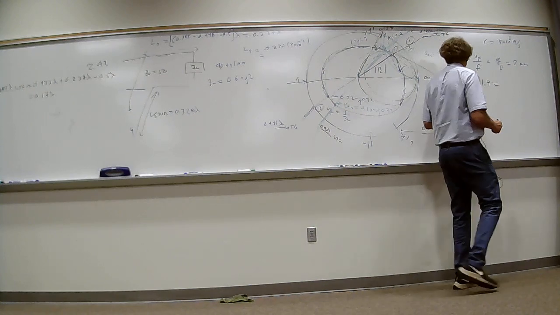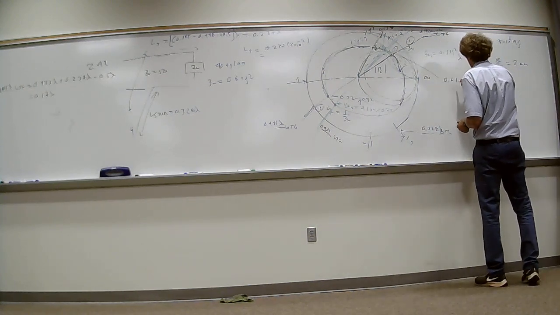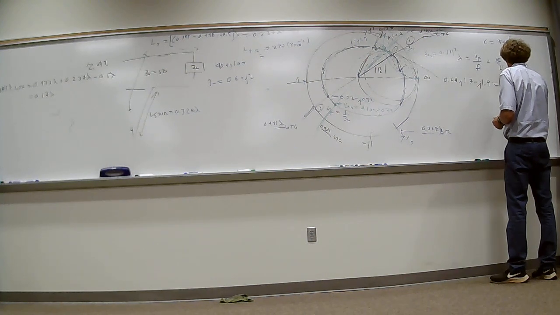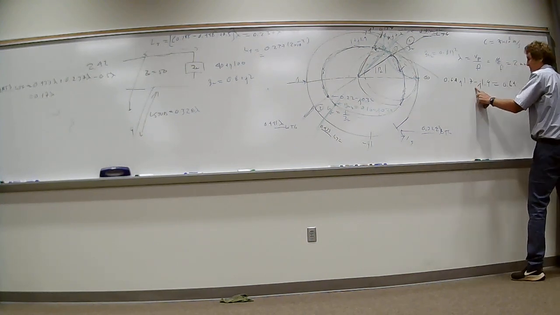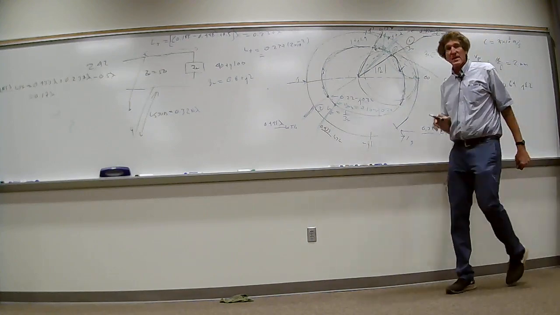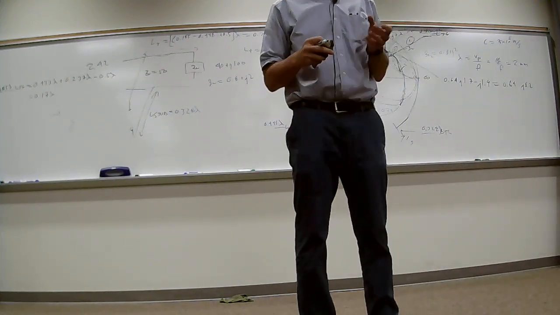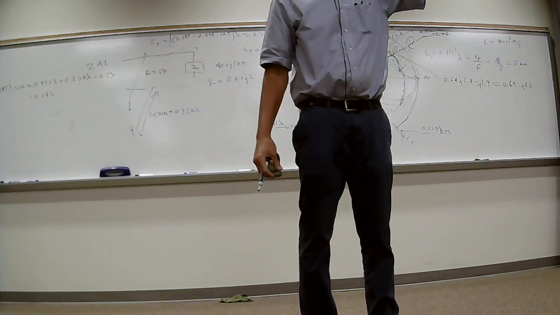Did you say 0.64 before? It would be 0.64. That's the real part. The imaginary part is what? Minus j0.2. Can anybody confirm that that would be the admittance you'd get when you add the prior admittance of the shunt stub? How many see that?